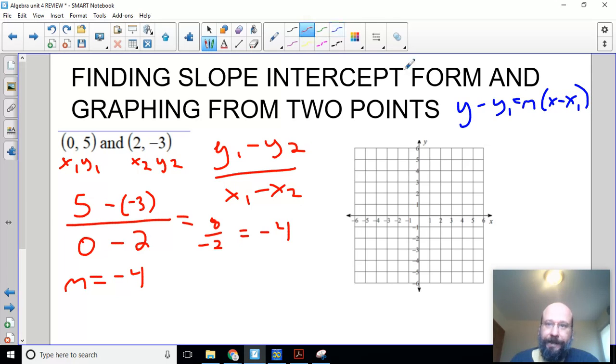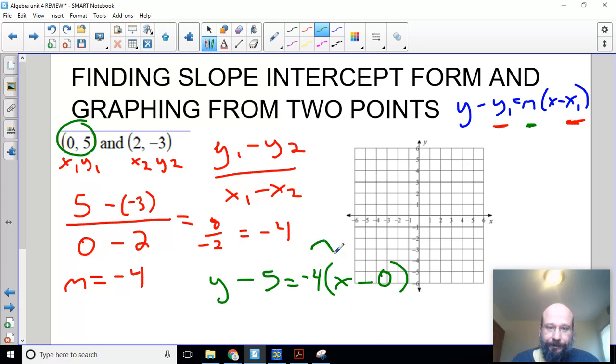We're going to find a point so we can put a value in for y1 and x1, and we need the slope so we can put a value in for m. We just found the slope. It's negative 4. Now we're going to use one of these points, and it can be either one for these two values. So I'm going to use this point, 0, 5. So this formula, y minus y1 is 5, equals the slope, which is negative 4, times x minus our x1 is 0.